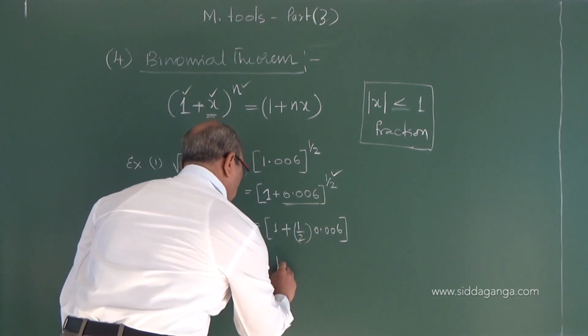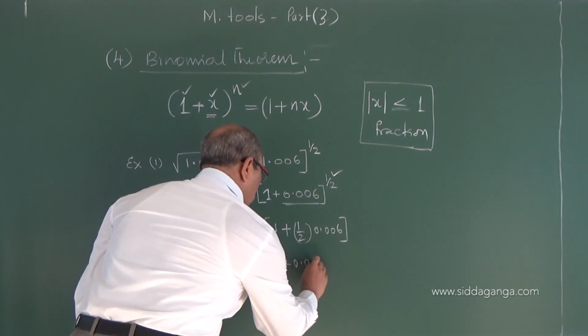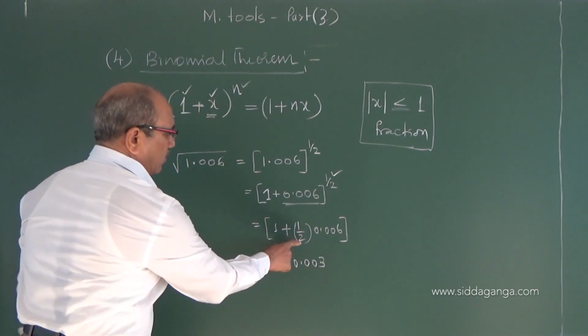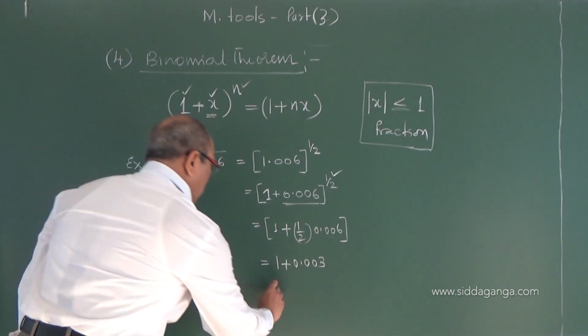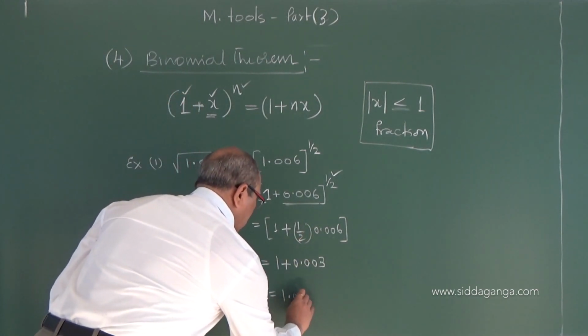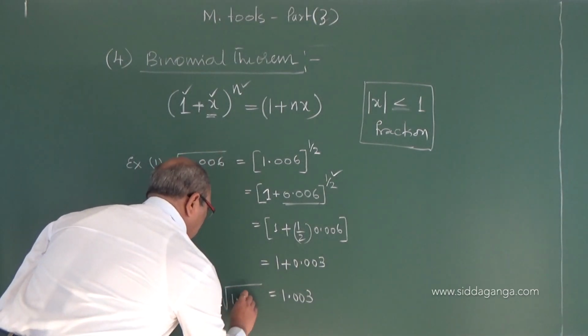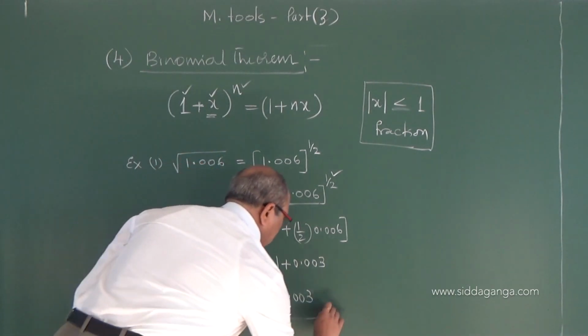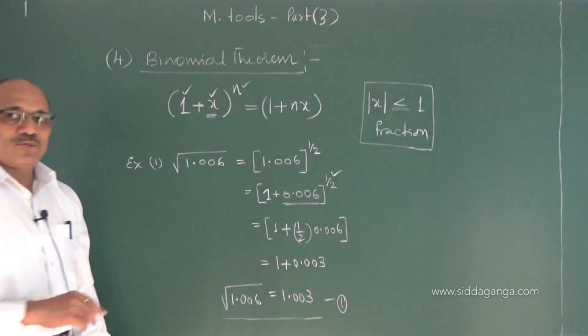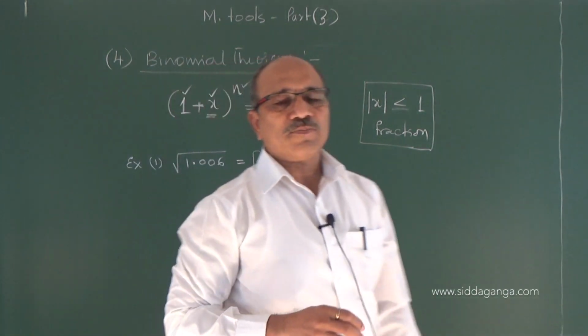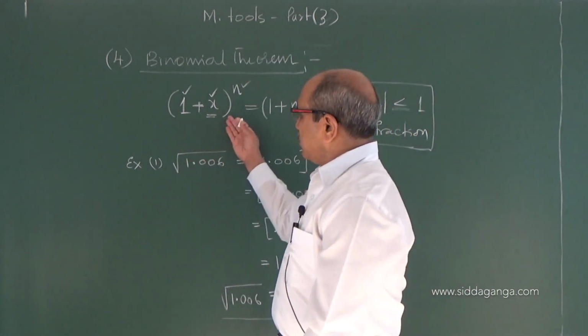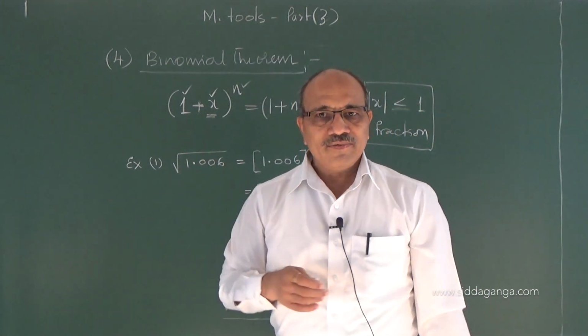So this leads to 1 plus 0.003, dividing this term by 2. And adding again, it becomes 1.003. The square root of 1.006, you got the answer. How simple it is using this binomial theorem. This is one example I have given.